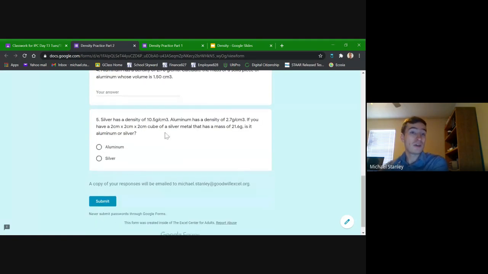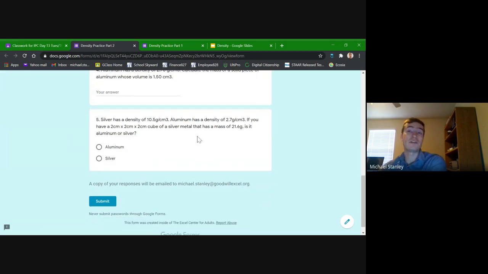And then number 5 is the only one that's a little bit different. Number 5 tells you that silver has a density of 10.5 and aluminum has a density of 2.7. It gives you the dimensions of this metal cube and the mass. I want you to tell me, based on the density that you can calculate of this little cube, is the density closer to the density of aluminum or to the density of silver?